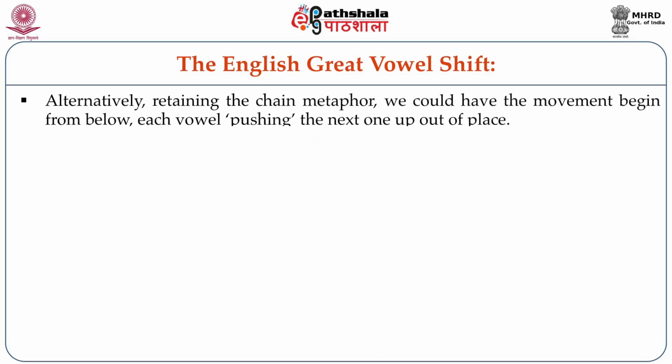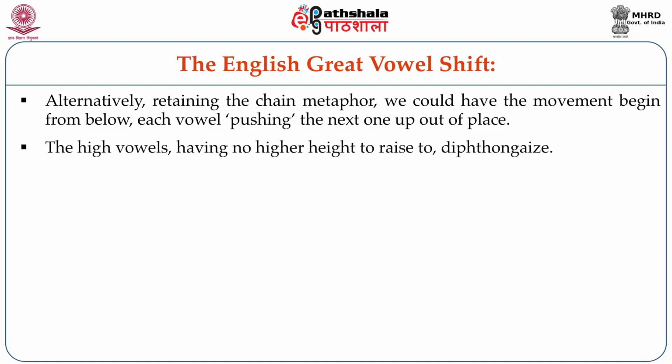Alternatively, retaining the chain metaphor, we could have the movement begin from below, each vowel pushing the next one up, out of place. The high vowels having no higher height to rise to become diphthongized.